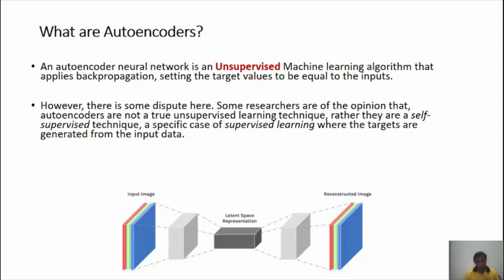unsupervised learning algorithm. However, there is a school of thought which says that because it does not work like a typical unsupervised learning algorithm or machine learning technique, it can be thought of as a self-supervised learning system.